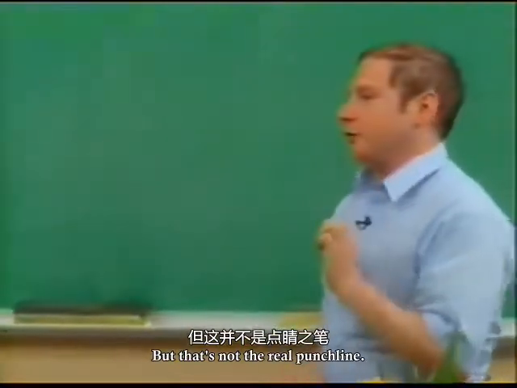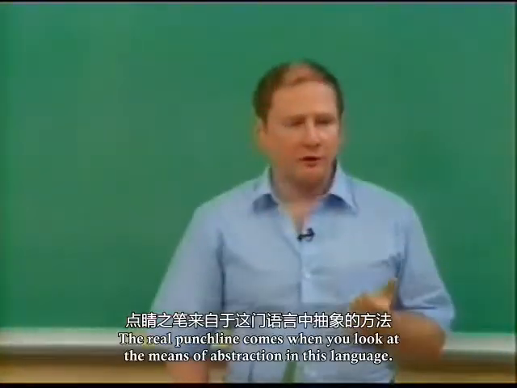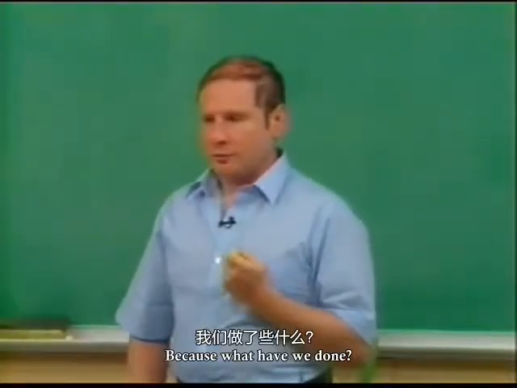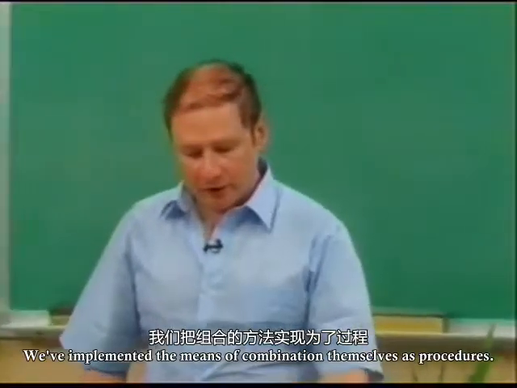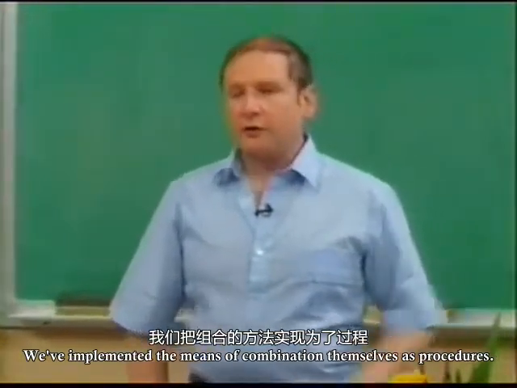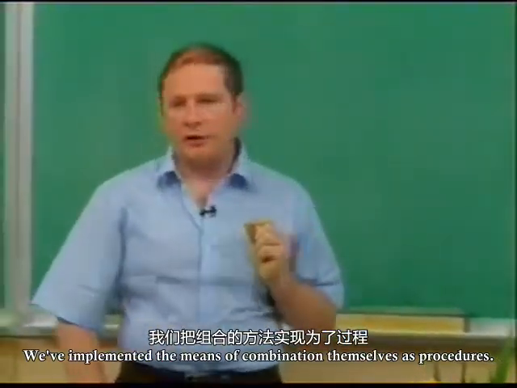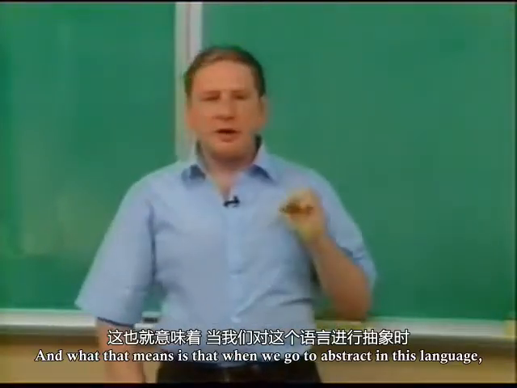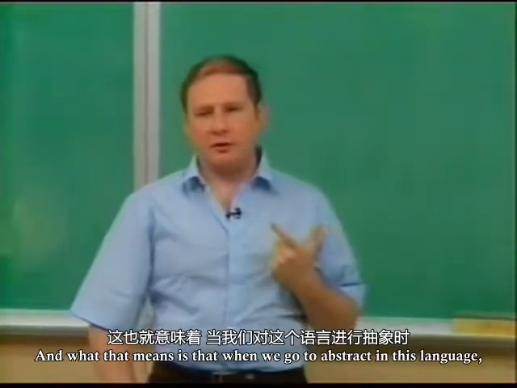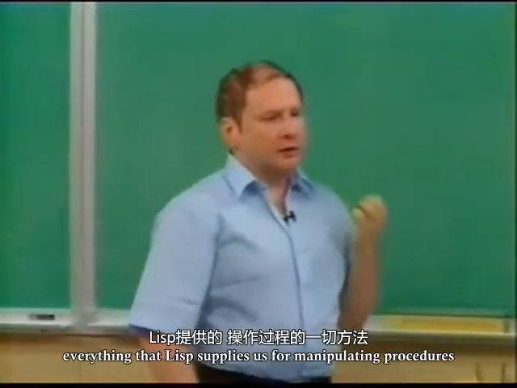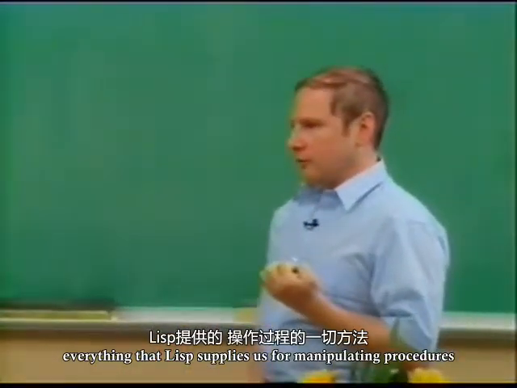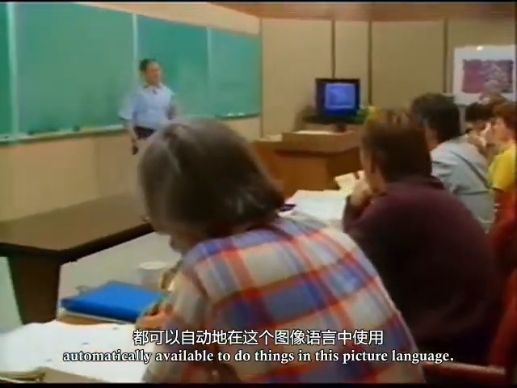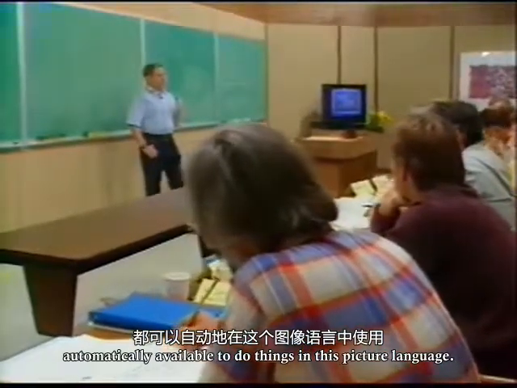Okay. So implementing pictures as procedures makes these means of combination both pretty simple and also, I think, elegant. But that's not the real punchline. The real punchline comes when you look at the means of abstraction in this language. Because what have we done? We've implemented the means of combination themselves as procedures. And what that means is that when we go to abstract in this language, everything that Lisp supplies us for manipulating procedures is automatically available to do things in this picture language.